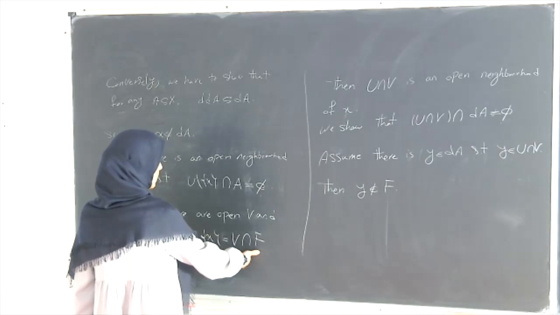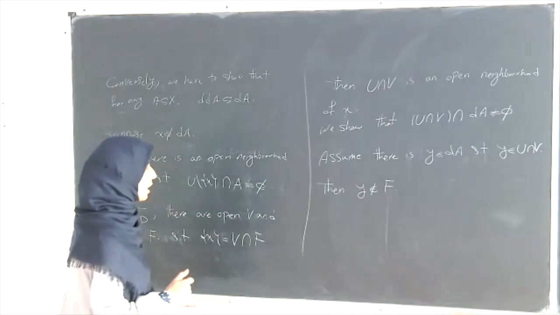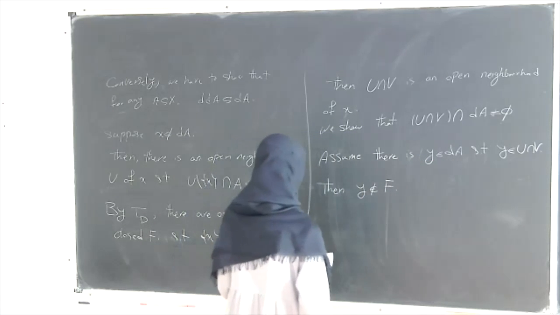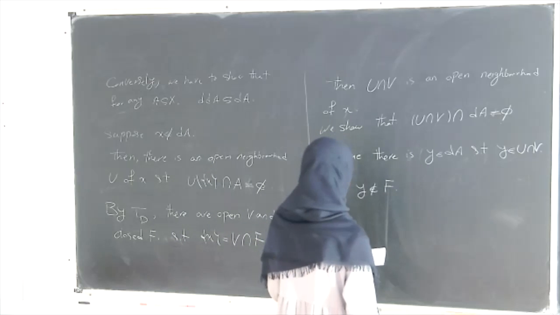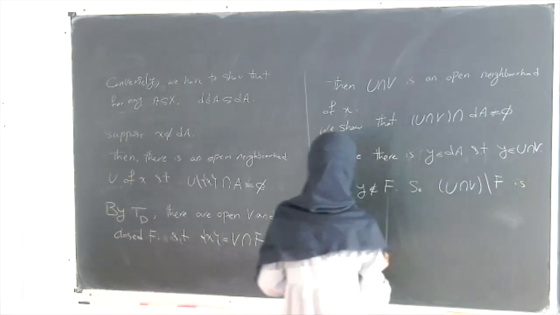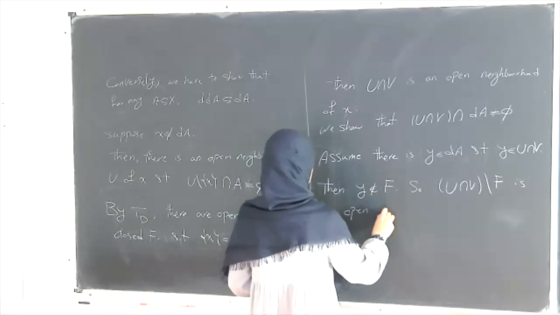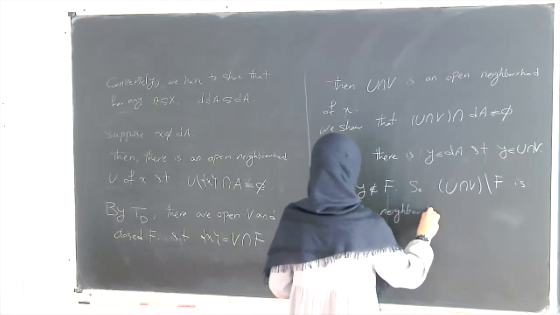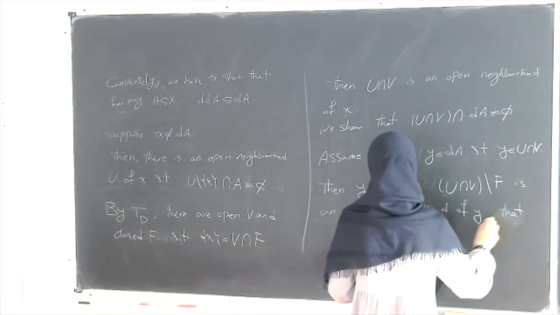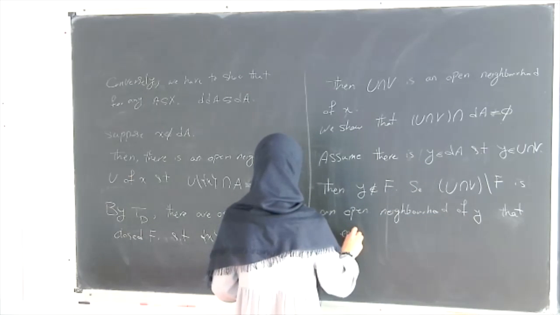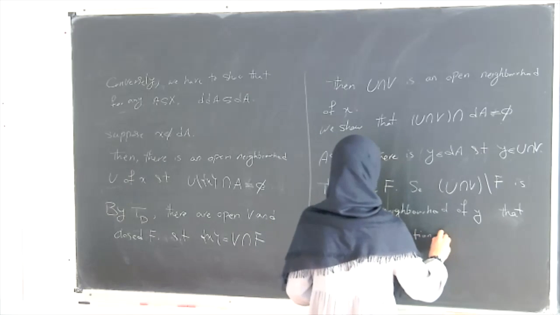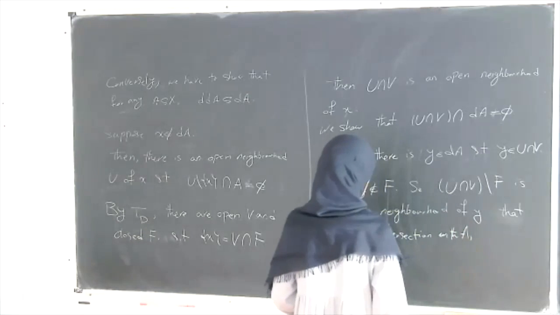We know that X is equal to V intersection with F, and Y is in here, so we can conclude that Y is not in F. So U intersection with V minus F is an open neighborhood of Y that has empty intersection with A, which is a contradiction.